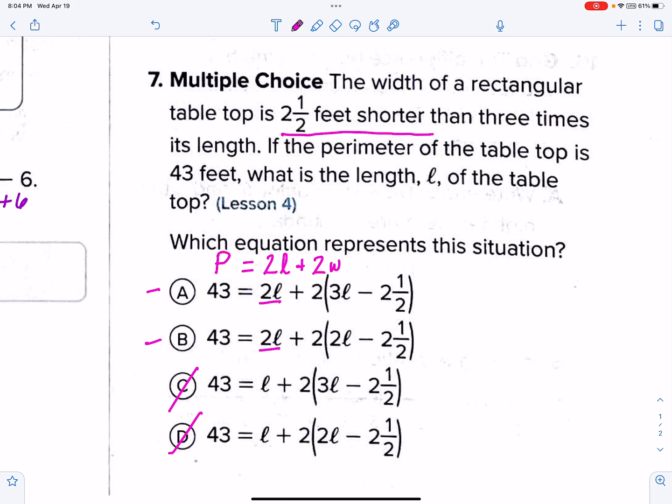Now I just need to find the one that says 2.5 feet shorter than 3 times its length. And I see here's 2.5 shorter than 3 times the length. And there we go. They're saying the width is that 2.5 shorter than 3 times length. So I found my answer as answer A.